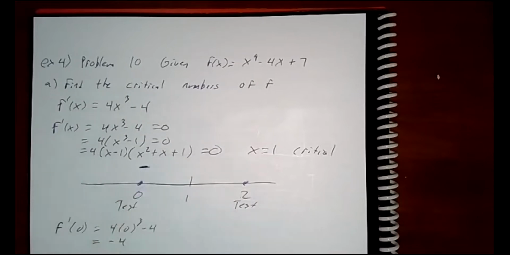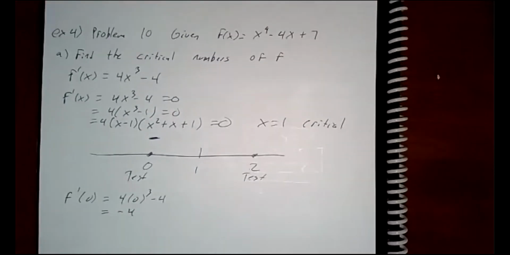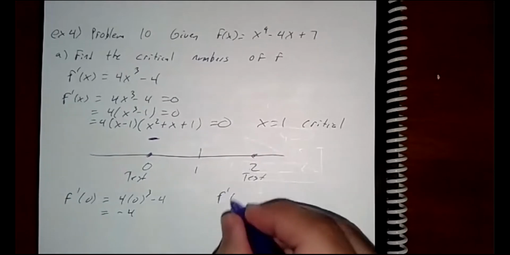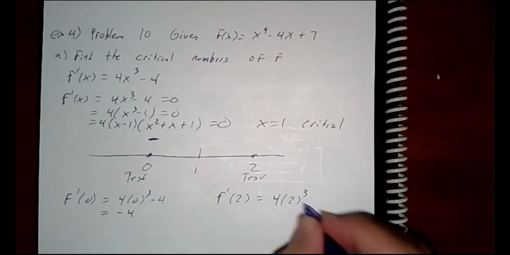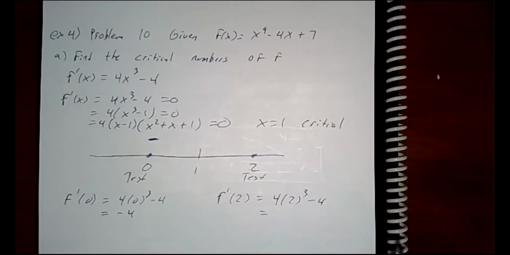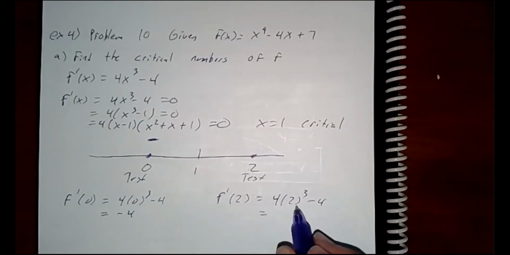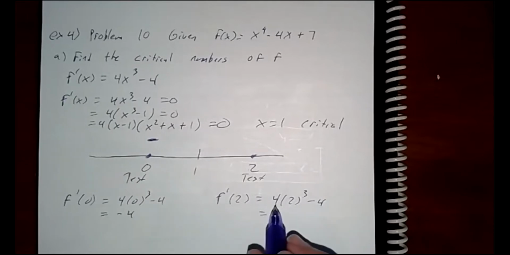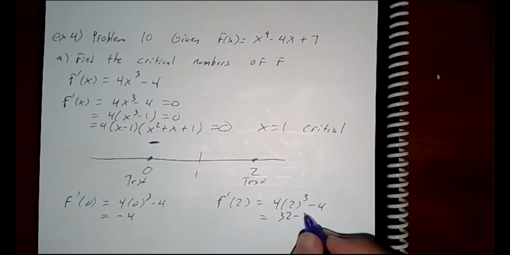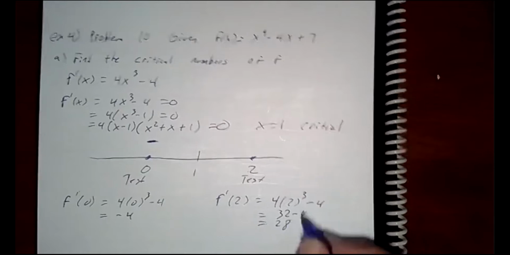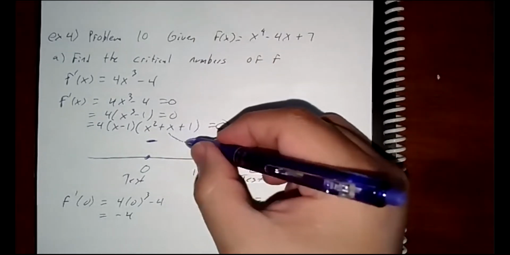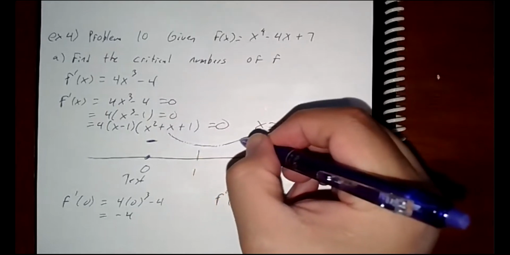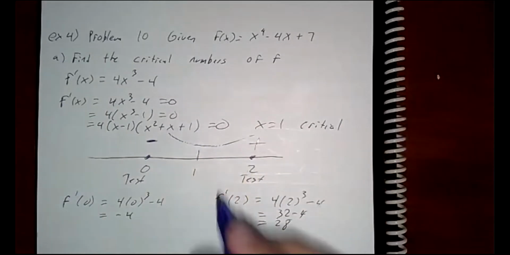Negative. The derivative at 2 is 4 times 2 cubed minus 4, which is 4 times 8, 32 minus 4 is 28, positive. So I got this going on. It's the minimum, right? Minimum right there.